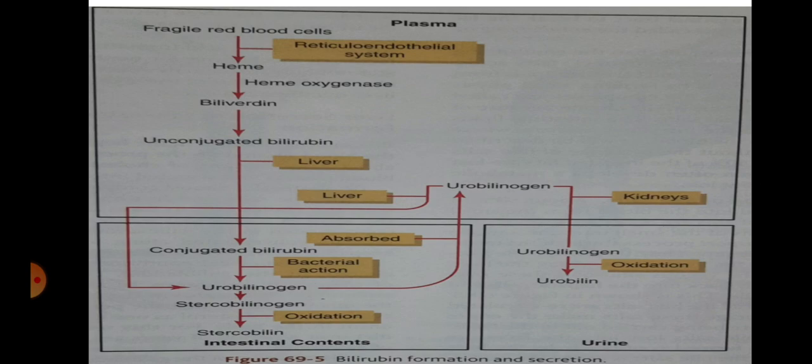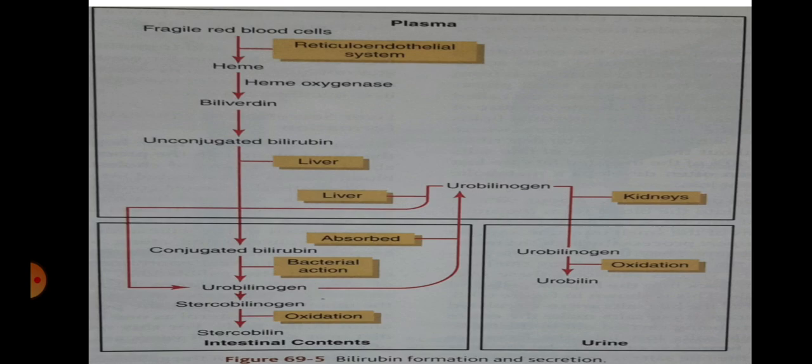Urobilinogen on exposure to air is converted into urobilin and is excreted via the urine. This is how bilirubin is formed and secreted.